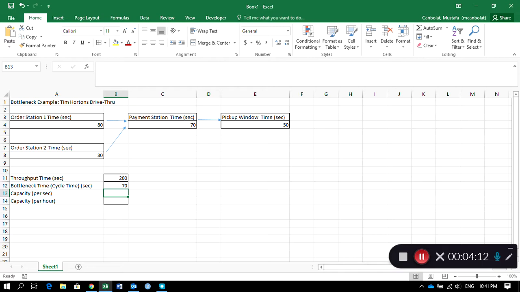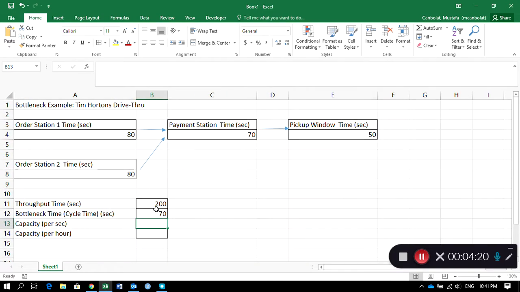Okay, so now we want to look at the capacity of this process, and the capacity is nothing but 1 over the bottleneck time, 1 over the cycle time. So this says that we will have 1 over 70 customers every second processed in this drive-thru system.